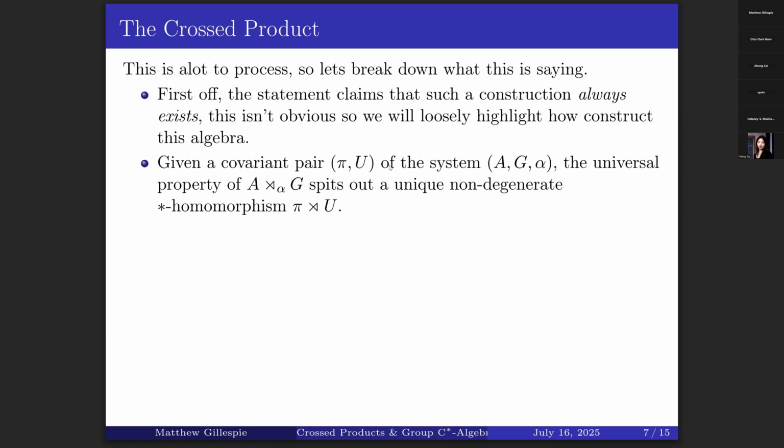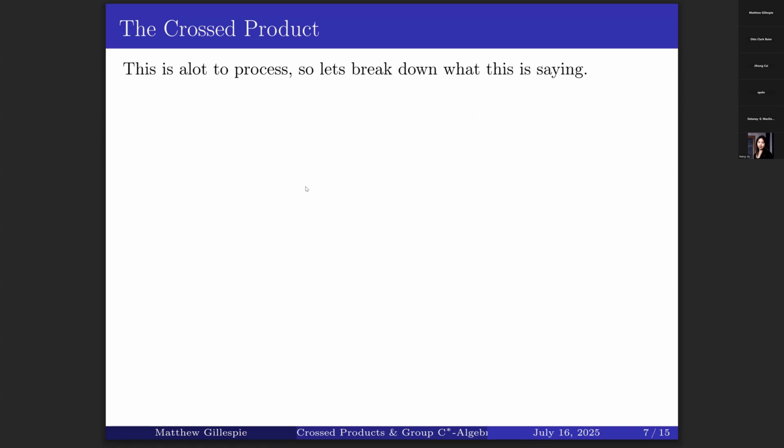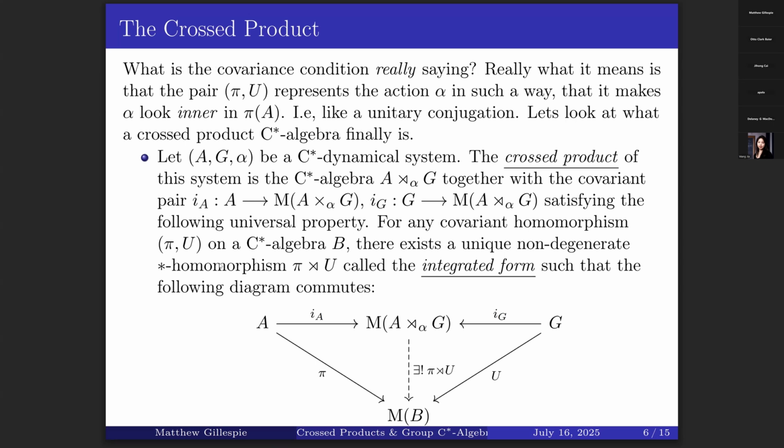But I want to break down what this universal property really is saying. Given a covariant homomorphism pi and u of the system, what is the universal property doing? Well, if I take one of these pairs pi and u, the universal property of this C-star algebra A cross G spits out a unique non-degenerate star homomorphism of the cross product satisfying this property.